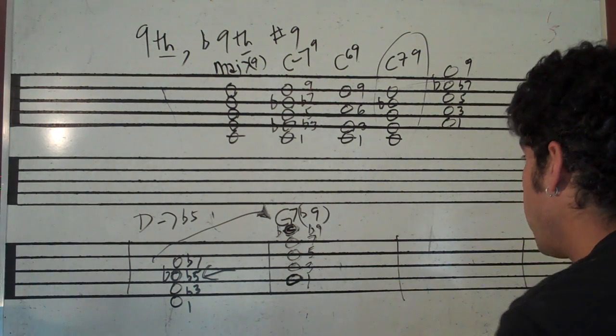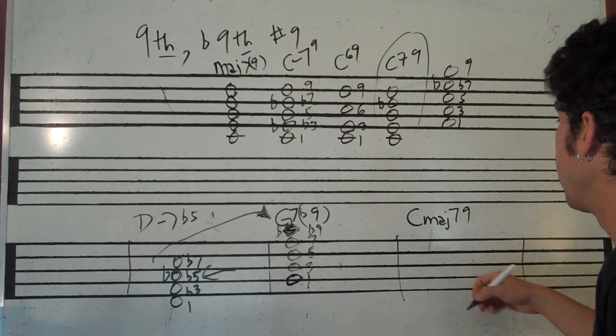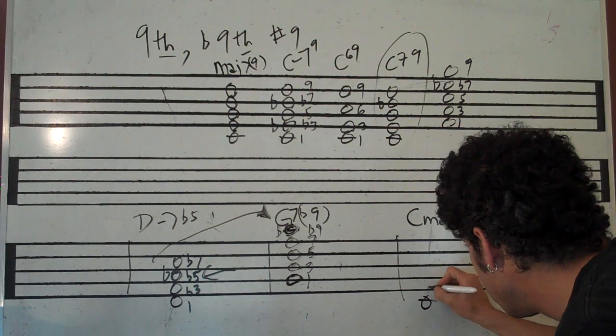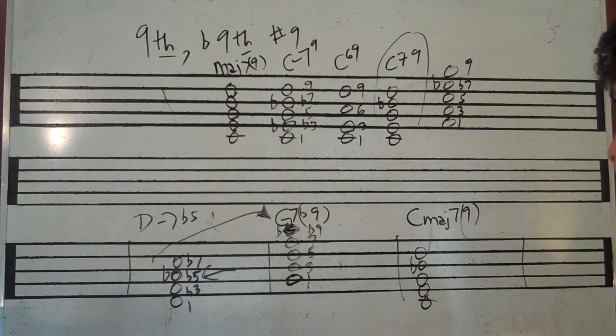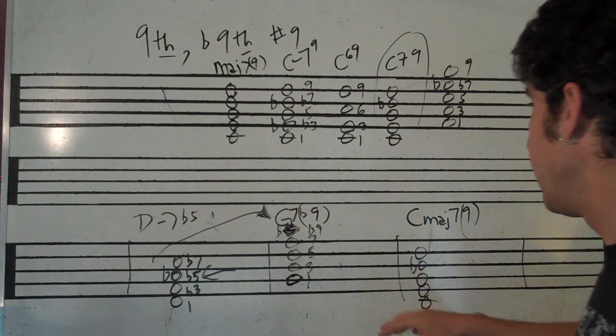So we'll write that up there. C major 7 with the 9, at least, because that's what I was playing right there. You've got C, E, G, B flat, and D. Okay, so we've talked a little bit about flat 9.